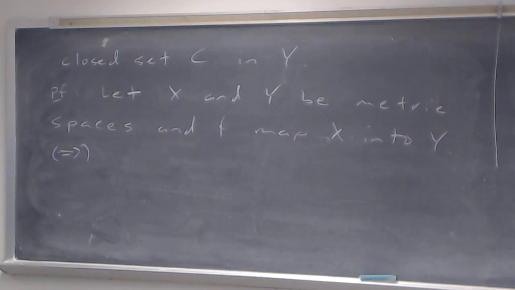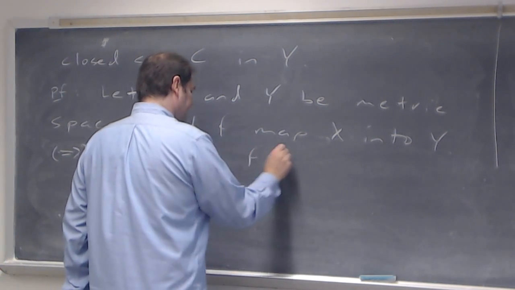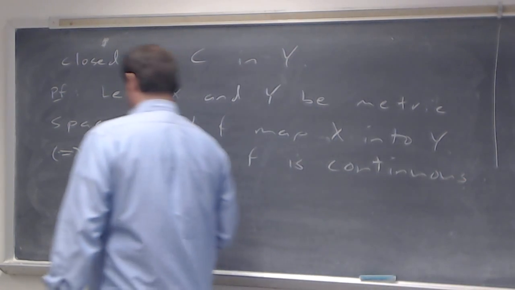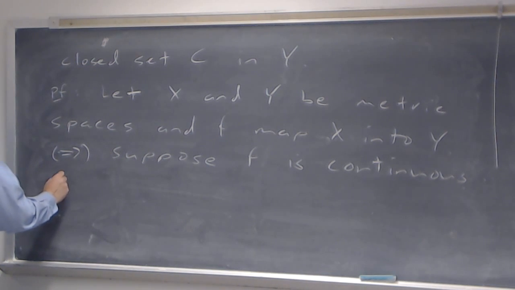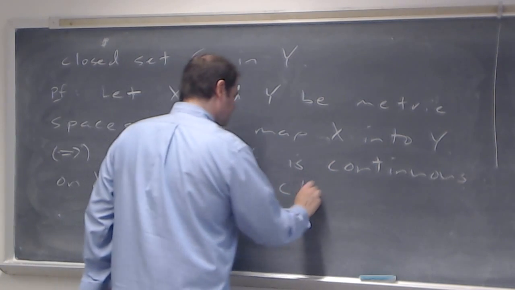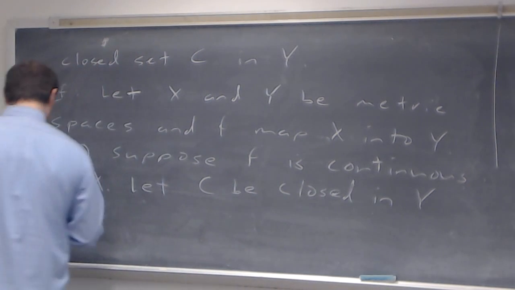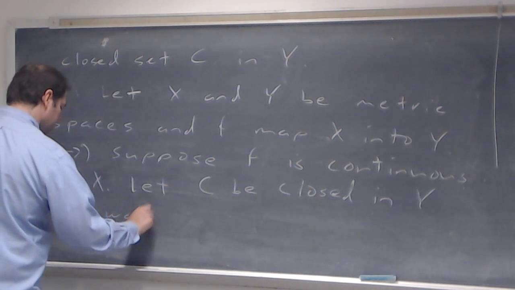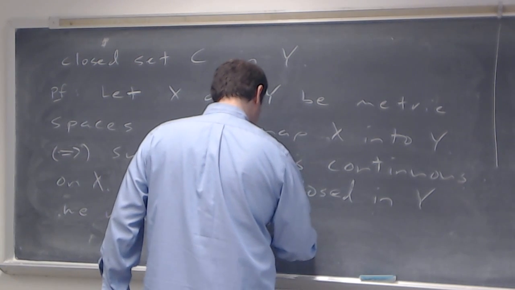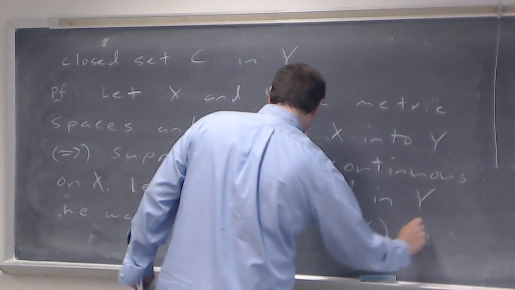In this direction, we're going to suppose f is continuous on X. We're going to let C be closed in Y, and we want to show that the inverse image of C is closed in X.